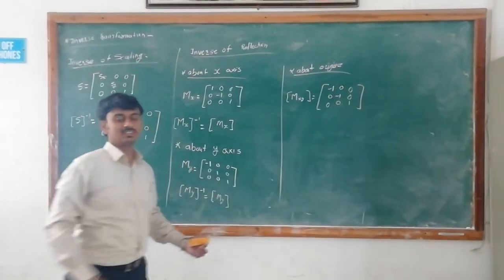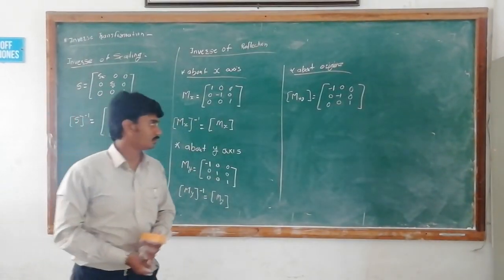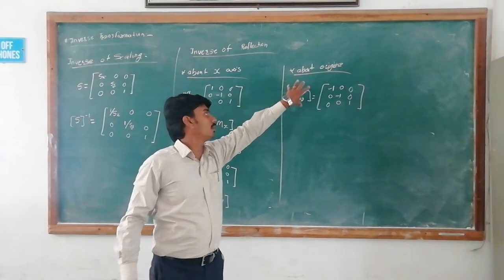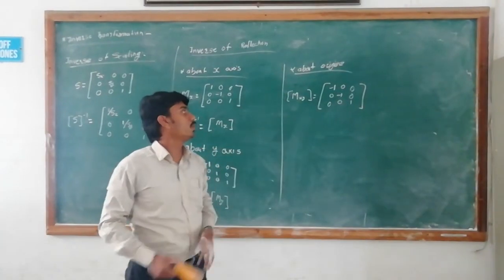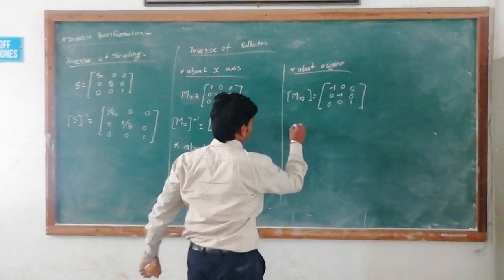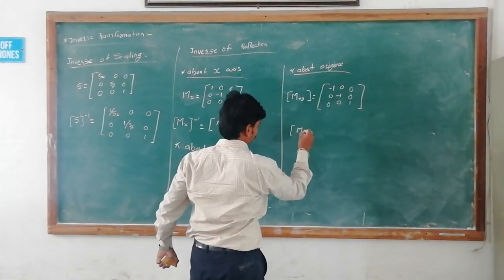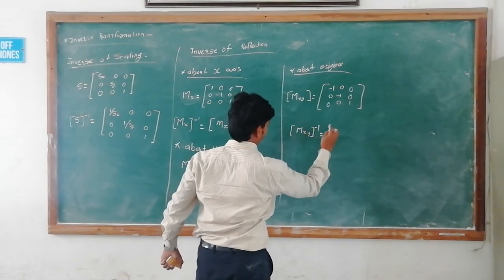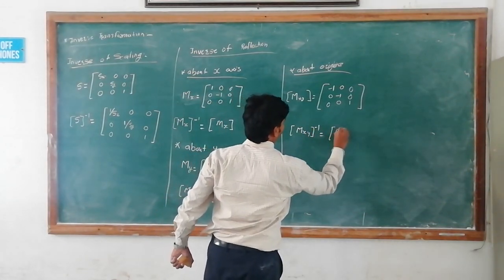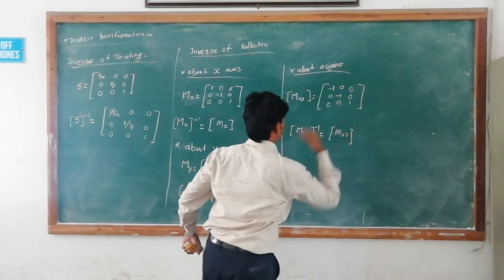So this is the value of the reflection matrix about the origin, and its inverse, the inverse of Mxy, is equal to the value of Mxy. So this is also the same.